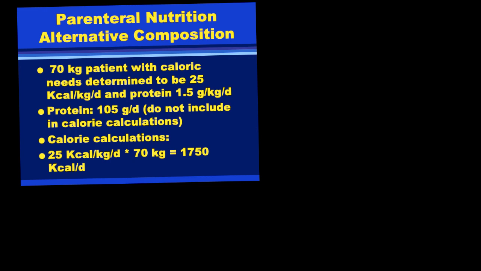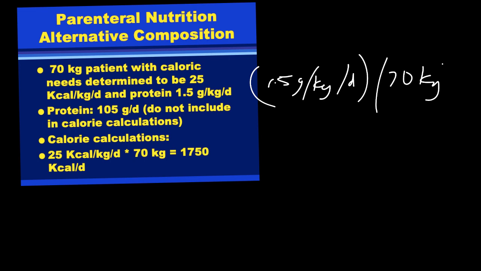His protein is 1.5 grams per kilogram per day times 70 kilograms. That's 105 grams per day. Cancel out units, that's why you get grams per day.